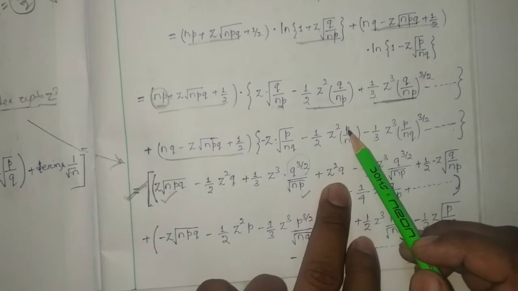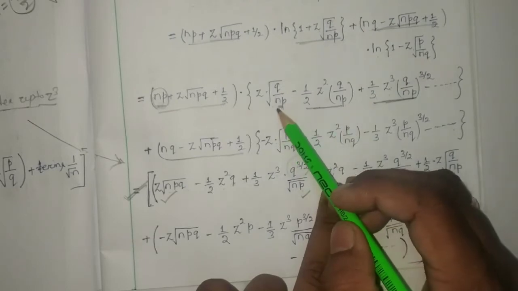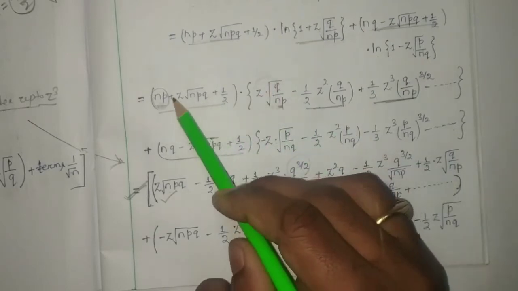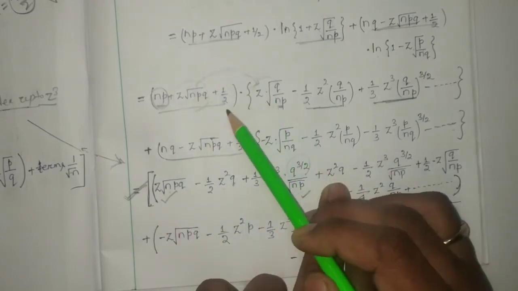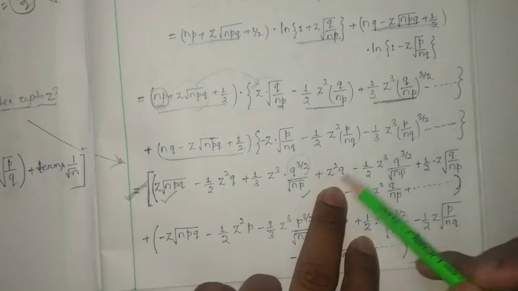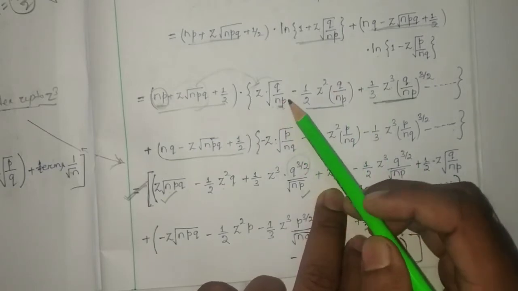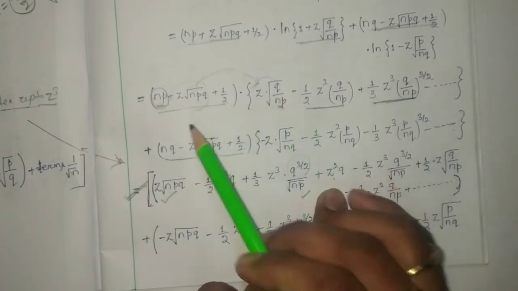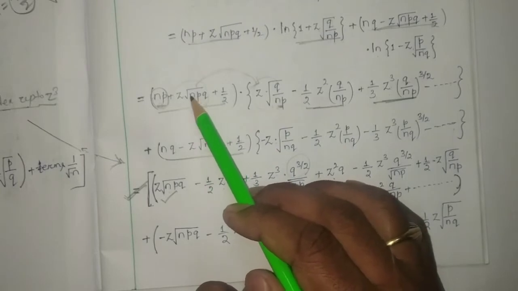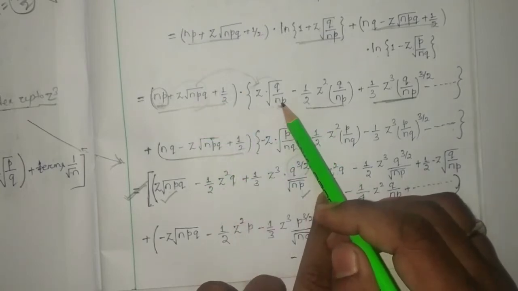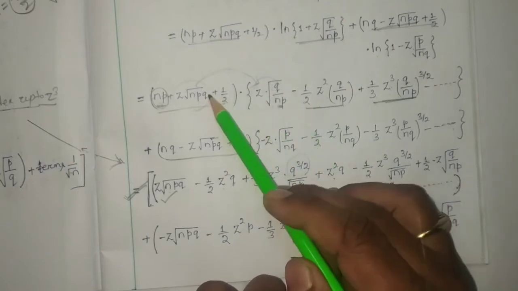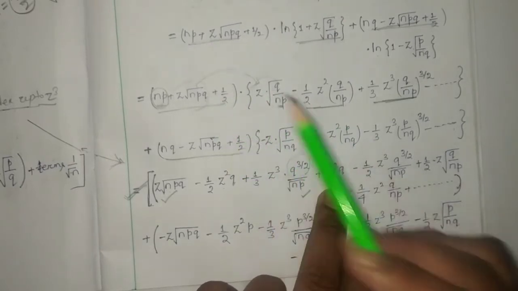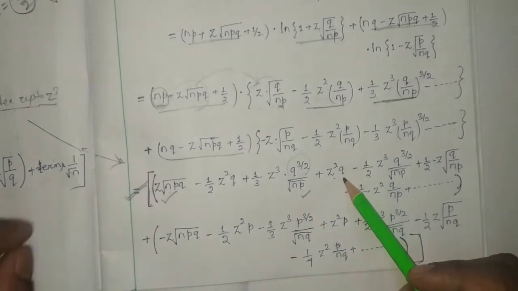You can see this term with this one first: z into z square, and here root over of np cancels, and root over of q into q gives only q.